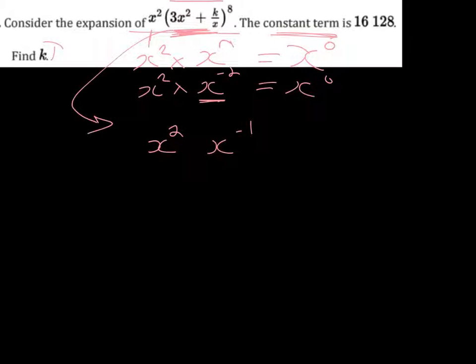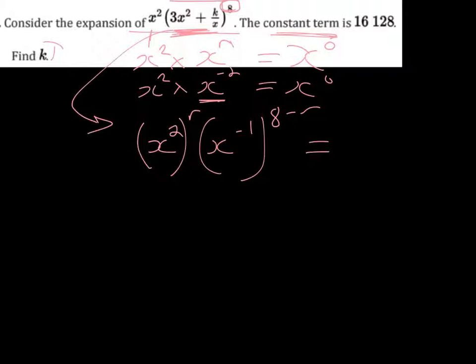The binomial expression here is to the power of 8, so we can recognise that this component x squared we can raise to the power of r, and this x to negative 1 we can raise to the power of 8 minus r.